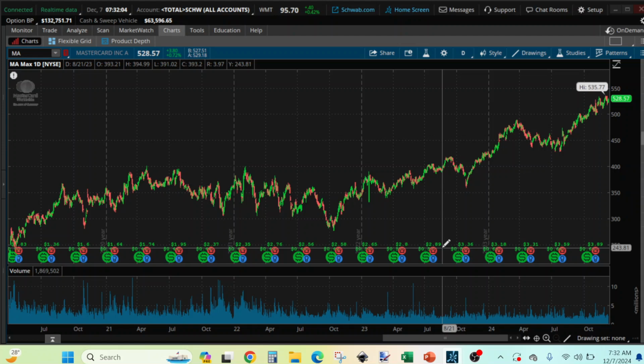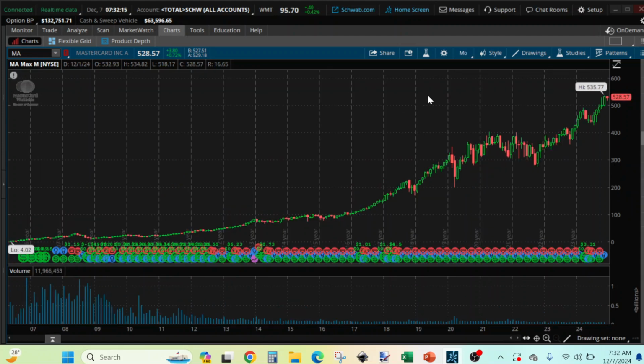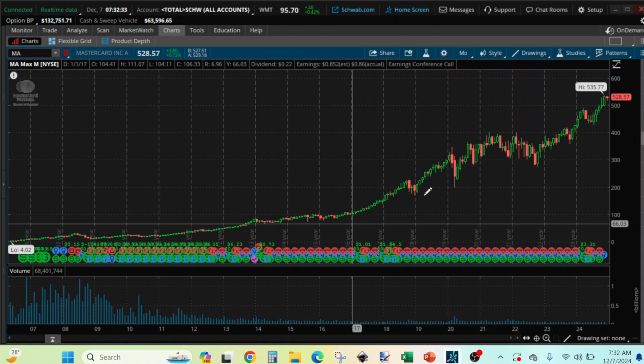First, we'll go to the monthly chart, MA. I'm still not sure. Let's see here to make sure. Yeah, it's MA. Okay, anyway, so first we start to trace our trend lines, and our trend lines go through the lows.